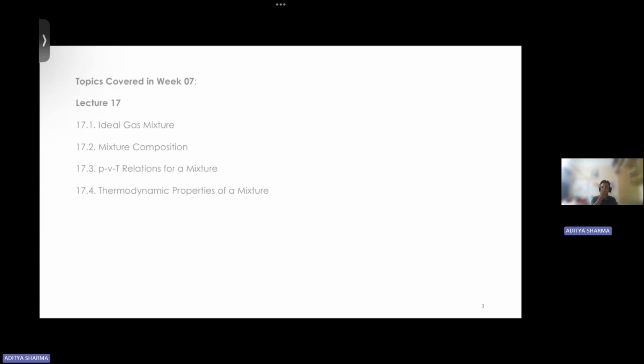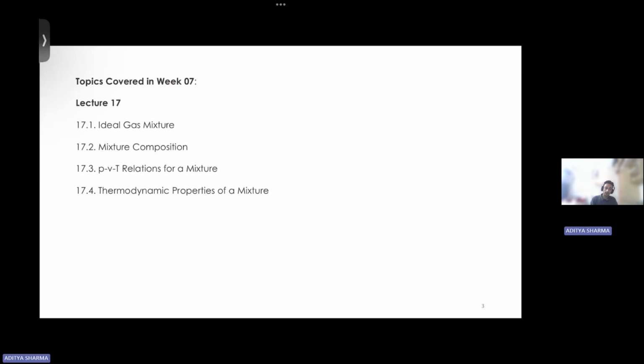Also, as the name suggests, the theme is properties of gas mixture. So we are basically focused on the properties of the gas mixture which is in our hand.